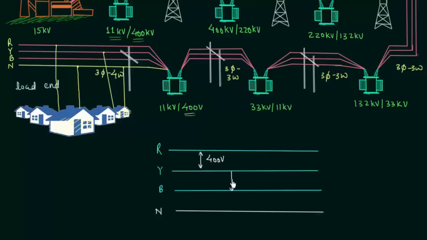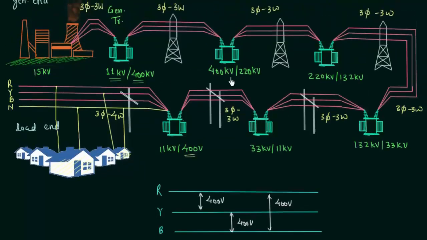Between yellow and blue, you will again get 400 volt, and between red and blue, you will get 400 volt. So all these voltages are line voltages, and you already know what a line voltage is. The voltage between two different lines is line voltage.